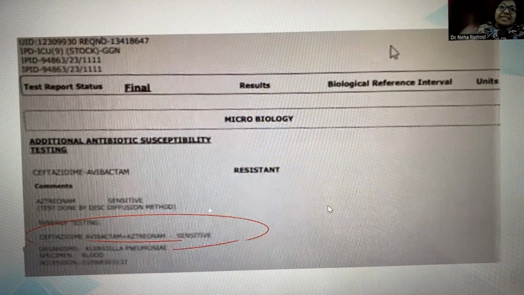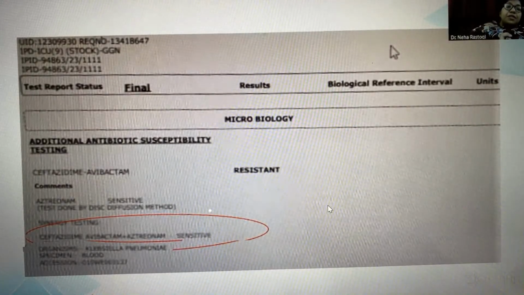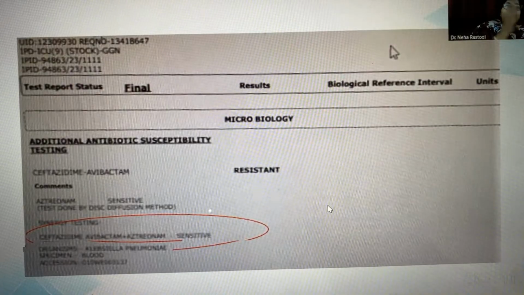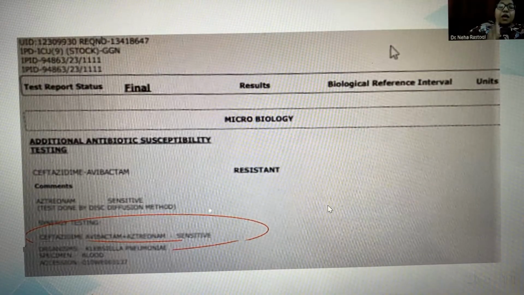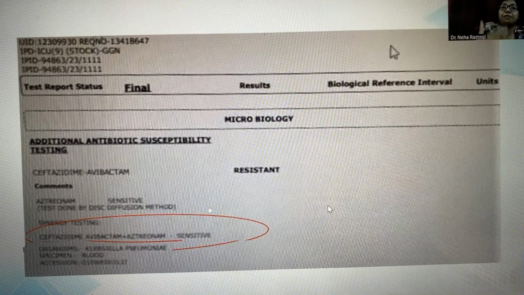Now coming to the next aspect of it, as I have mentioned, you have got the bug, you have got the carbapenem resistance. Nowadays, with the advent of newer beta-lactam and beta-lactamase inhibitors, and commonly what I am talking about is ceftazidime-avibactam plus aztreonam or aztreonam-avibactam, the things don't end here. Your carbapenem resistance is defined. Now you have to think about putting this antibiotic into perspective.